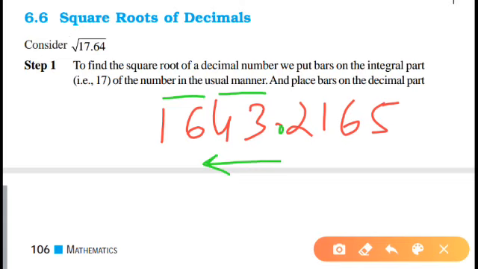Now we'll approach from the point to the other half. So we will pair these elements from the decimal portion, and then these two elements. So I have got four bar signs, or four pairs, over here.